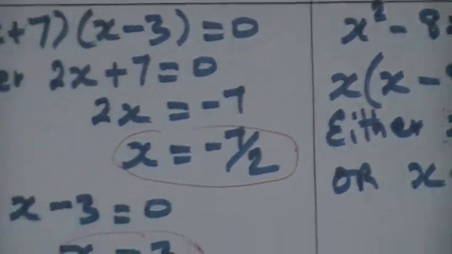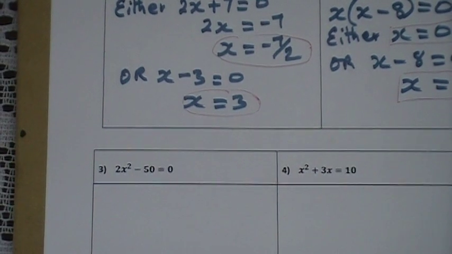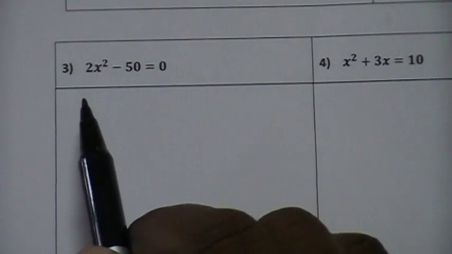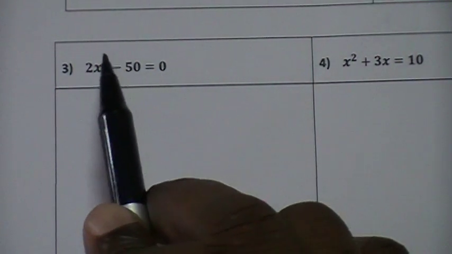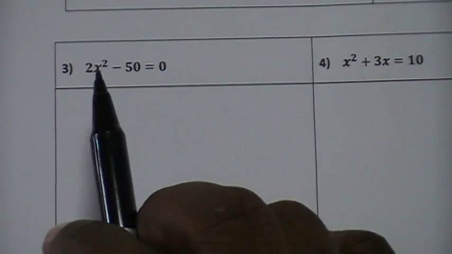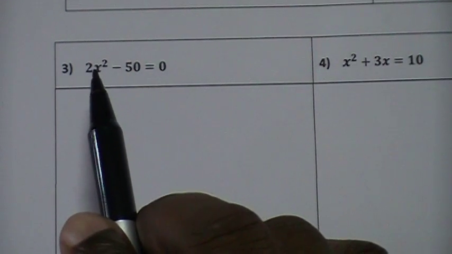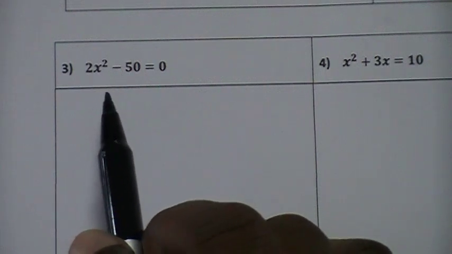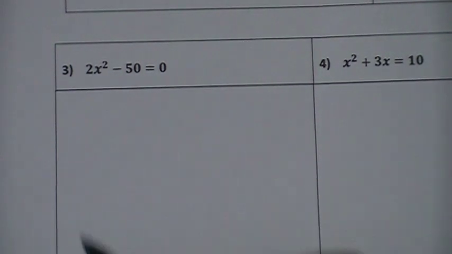Okay, let's look at the others. Now we have 2x squared minus 50 equals 0. We would not be able to solve for x just like that. What is the value of x that will make this equation 0? The good idea is that we can factorize this to two factors that multiply to give us 0, so we can solve for x. Alright, so let's write it back.